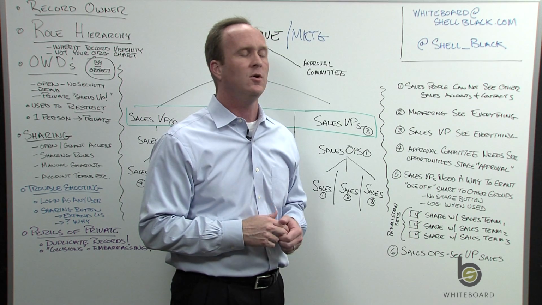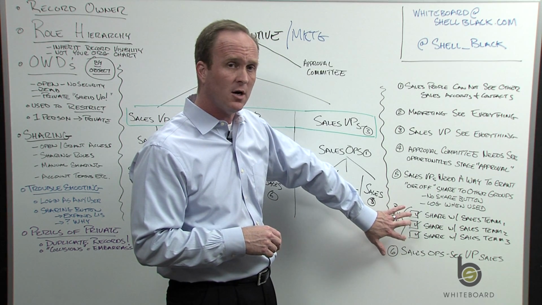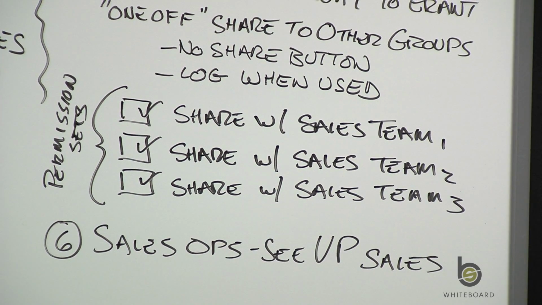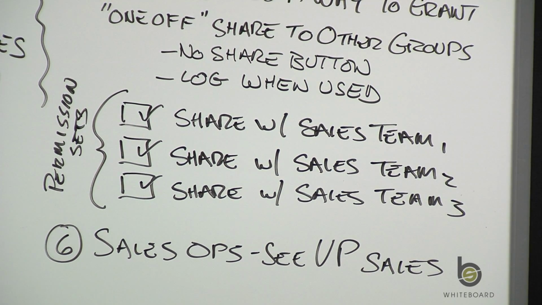So the way we did this was a set of checkboxes on the account record, and we used field history tracking to know who clicked it and when, and then we made some groups.